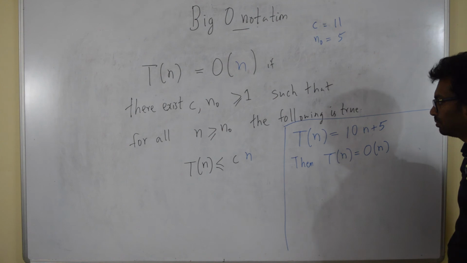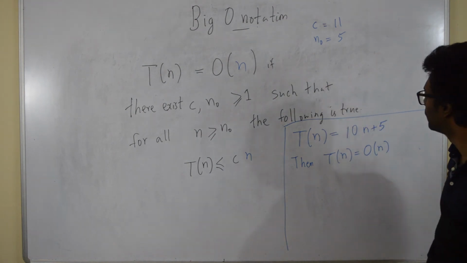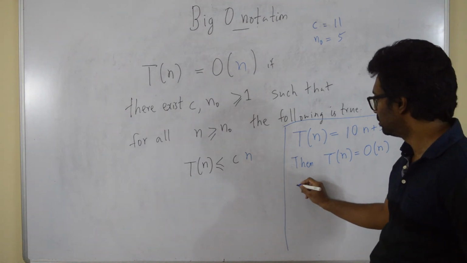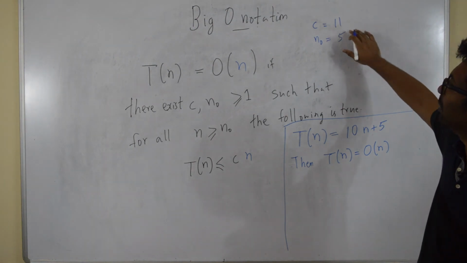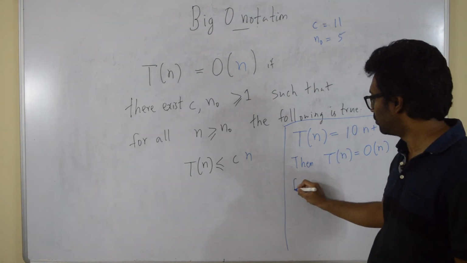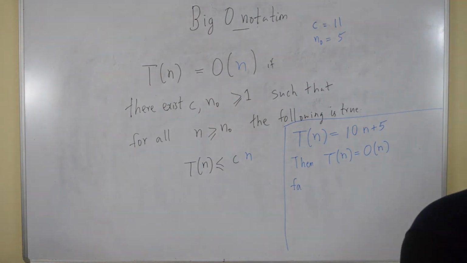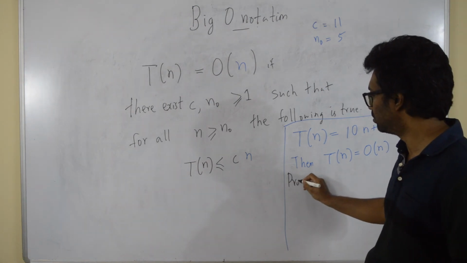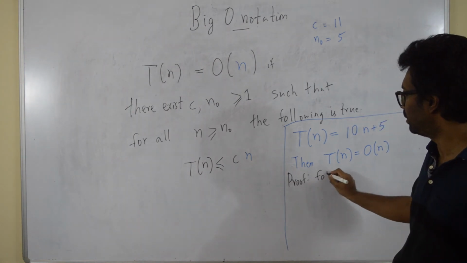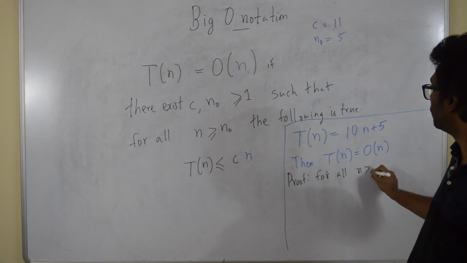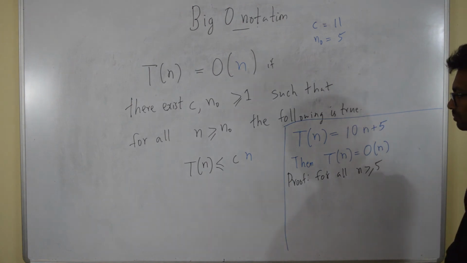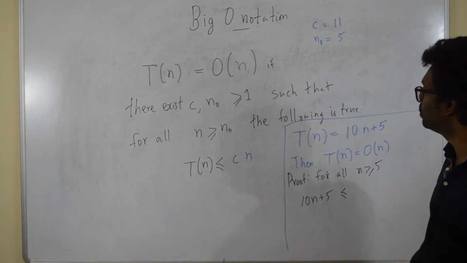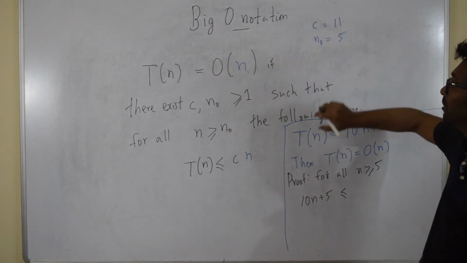And then what is it I have to do? I'm going to show the following. So the proof is the following. For all n greater than or equal to 5, 10n plus 5 is less than or equal to, since the constant is 11, 11 times n.